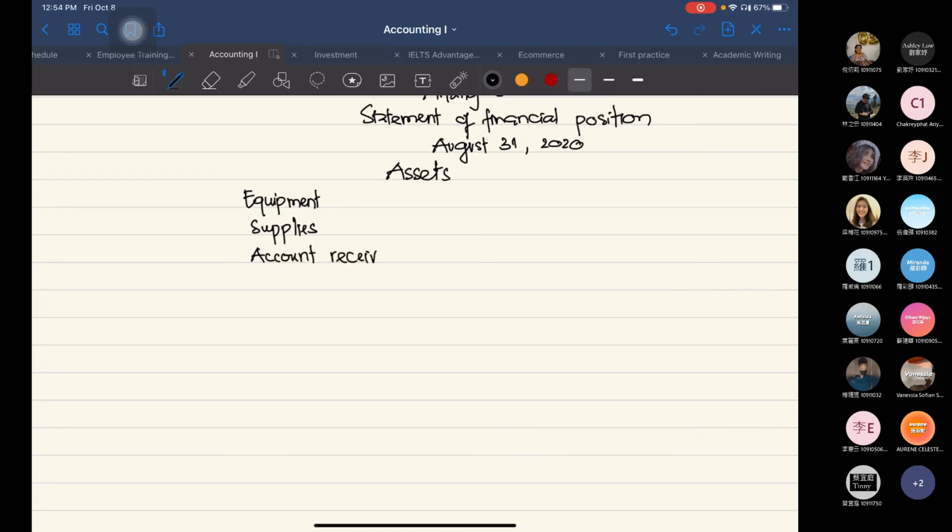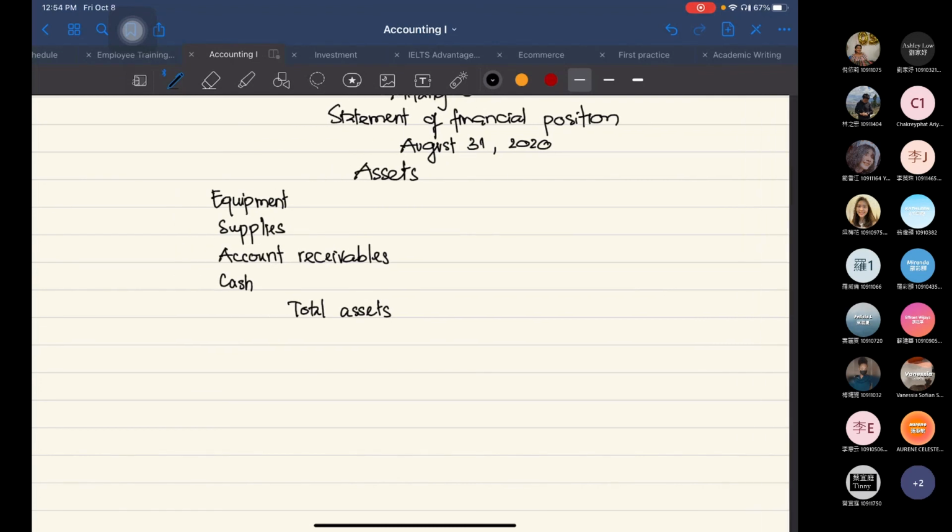And when you write the account name, don't write it in a short way. Just write it fully. You can write in a short way in your exercise notebook, but when you do the exam, don't do that.